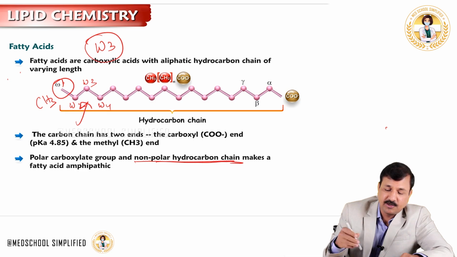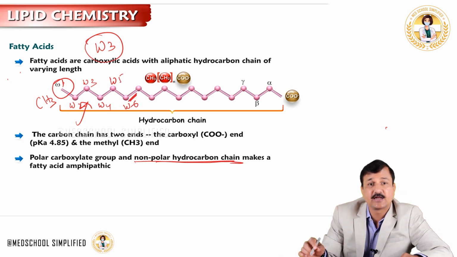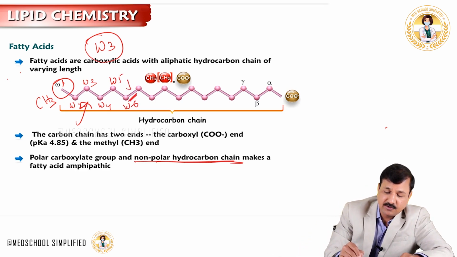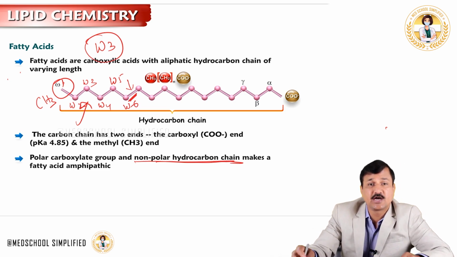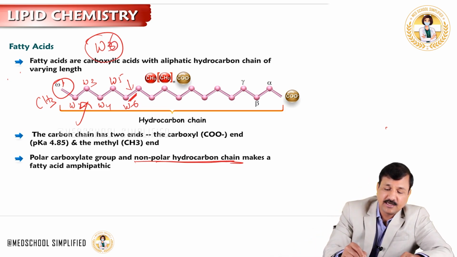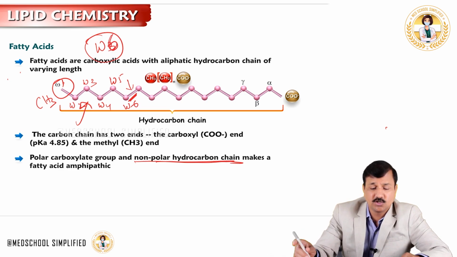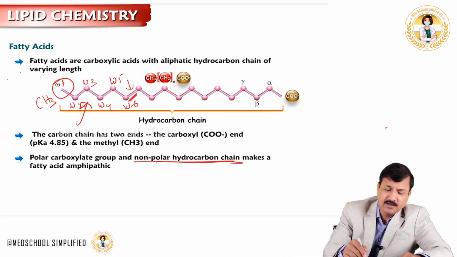Now if there is no double bond at omega 4 and omega 5, and there is a double bond at omega 6, imagine it is like that. The very first double bond you are going to see is at the omega 6th carbon. That's why we say that as omega 6 family of fatty acid. So there are omega 3, omega 6, omega 9 families of fatty acids.